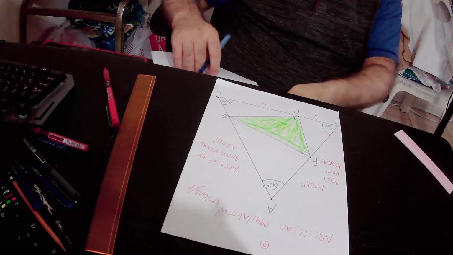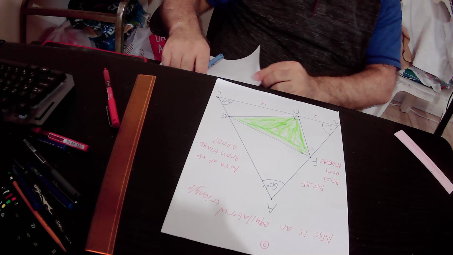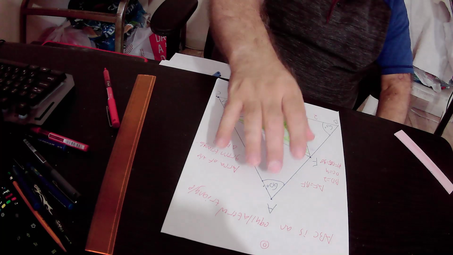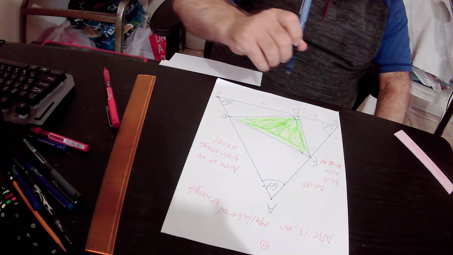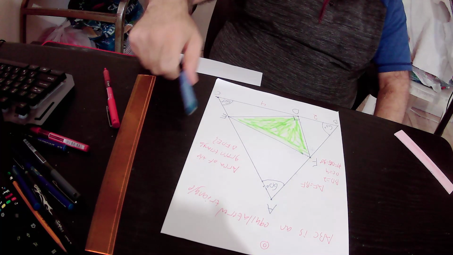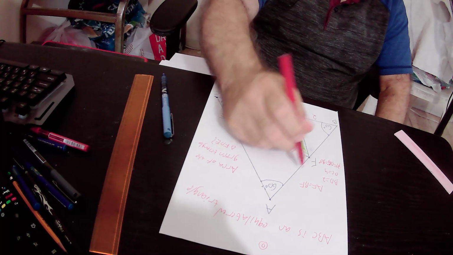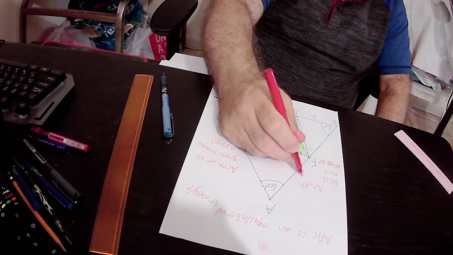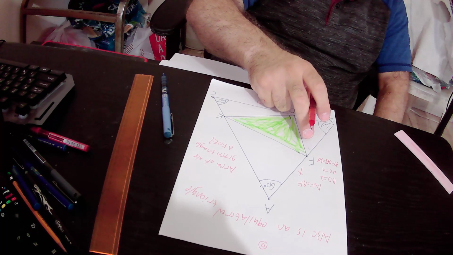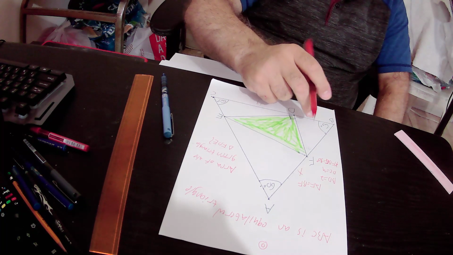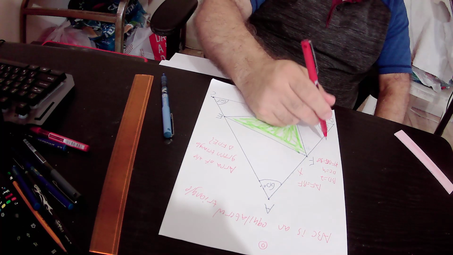Okay, and we also know that AF equals BF. So we will define AF as X, and if AF equals X, then BF also will be equal to X because AF equals BF.